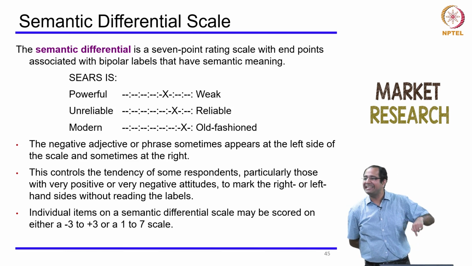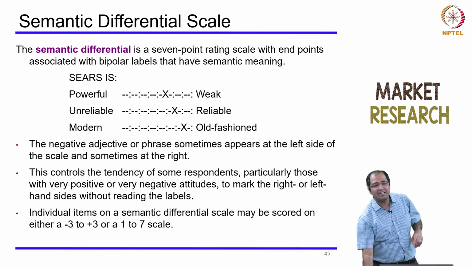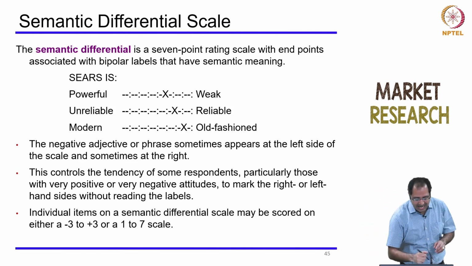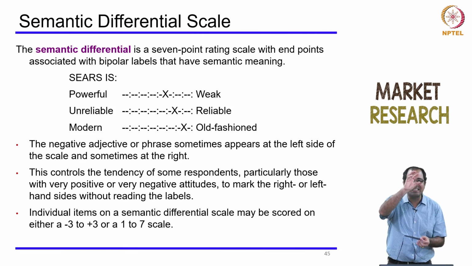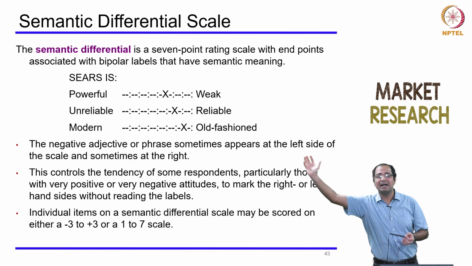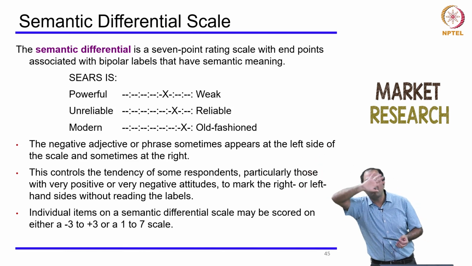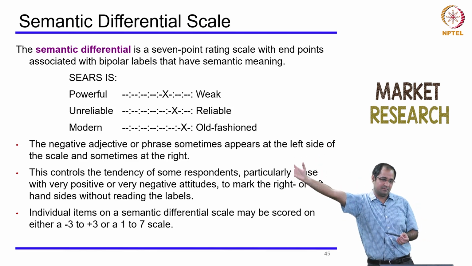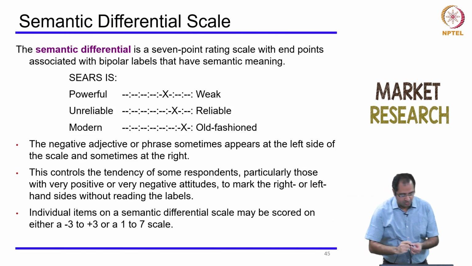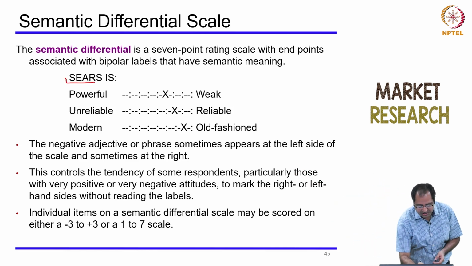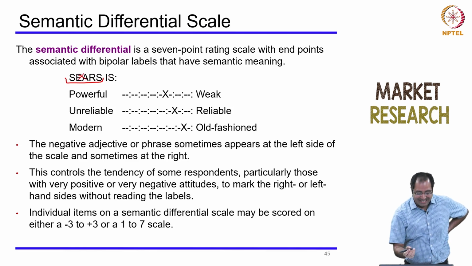Now in semantic differential, when you are asking such a question, instead of saying just tasty, you would have not at all tasty on the other side. For example, they are talking about Nilgiris.